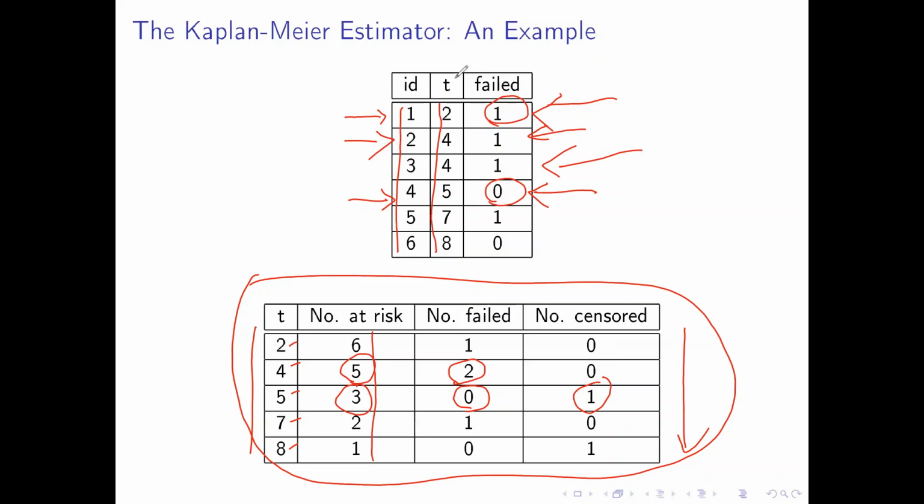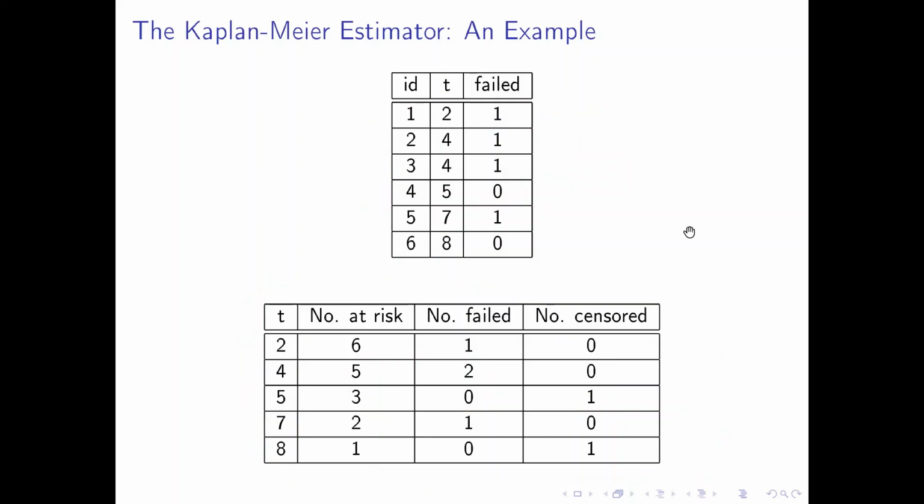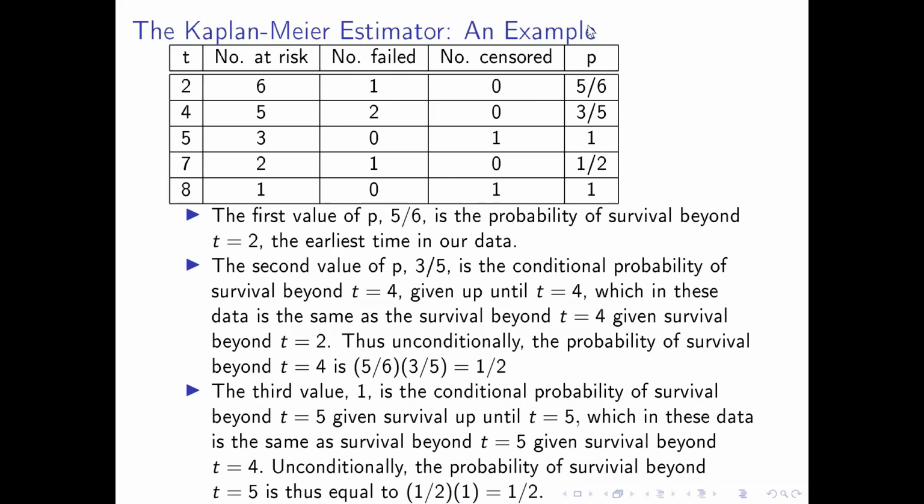Let's continue. In this table, I add an additional column to the second table from our previous slide. Let's read all the bullet points here. The first value of P is the conditional probability of survival.